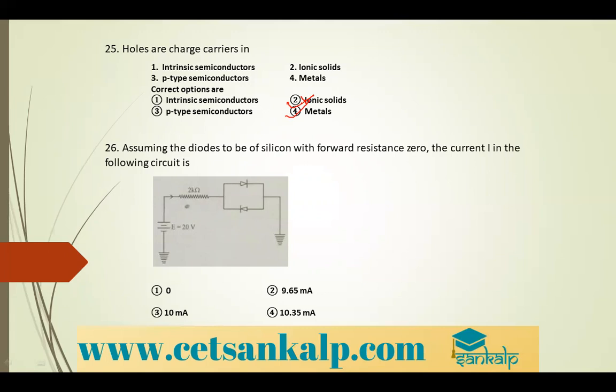Assuming the diodes to be silicon with forward resistance 0, the current in the circuit is.